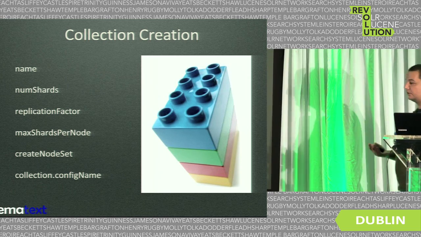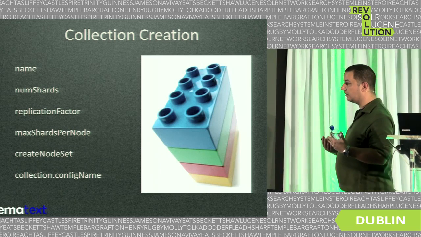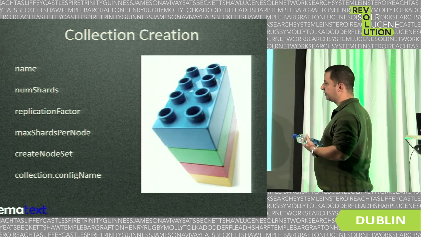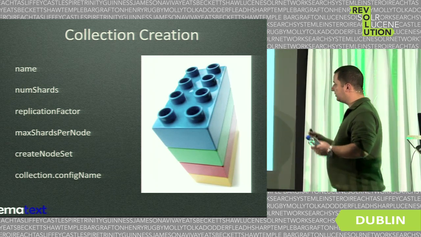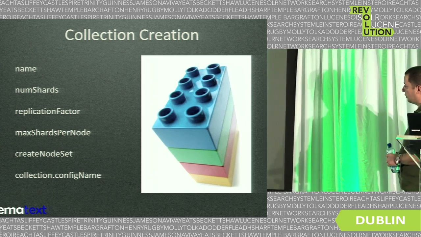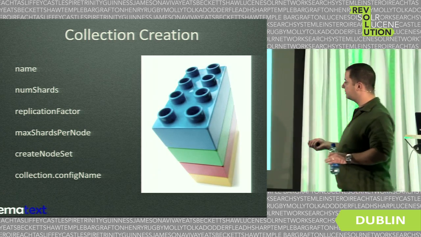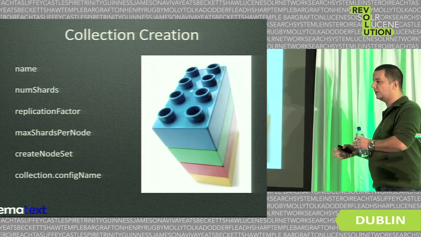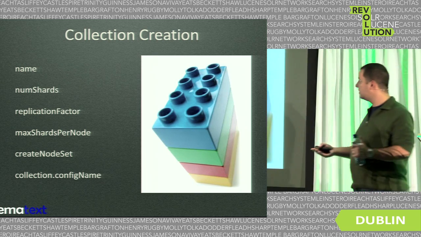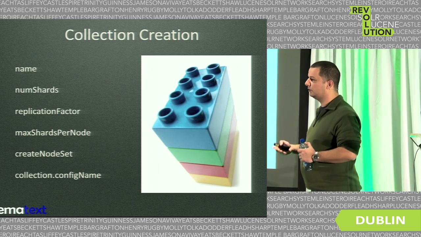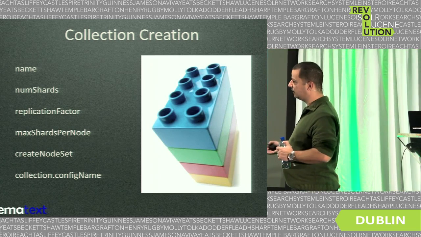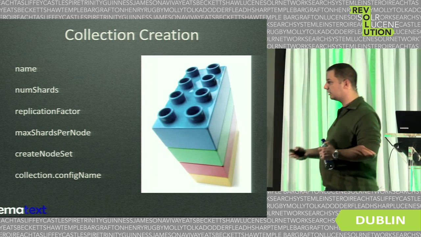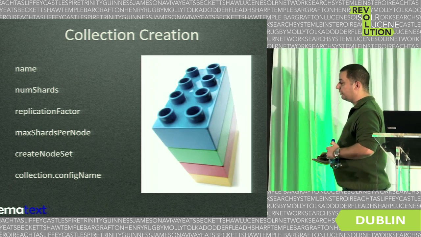The replication factor, which specifies the physical amount of copies of each shard that will be created. However, there's one thing: in Solr 4.0, the replication factor specified not the exact amount of copies, but additional copies. So if you have num shards equal to 2 and replication factor of 1, you had 2 shards and 1 replica for each shard.